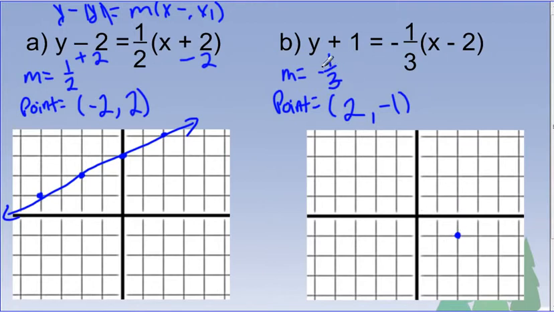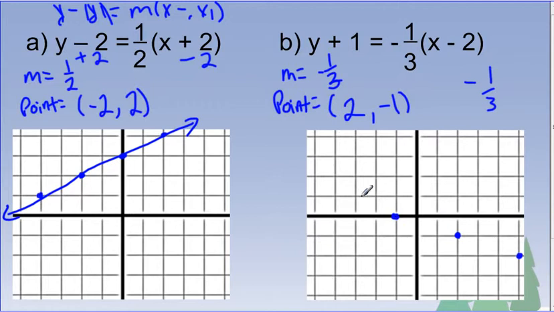Slope is negative 1/3. For those of you who don't remember, a slope of negative 1/3 means you're going to go down 1, over 3. Down 1, over 3. Now we're out of space this way, so let's do the reverse over here. The reverse of going down 1 over 3 this way is up 1 over 3 this way.